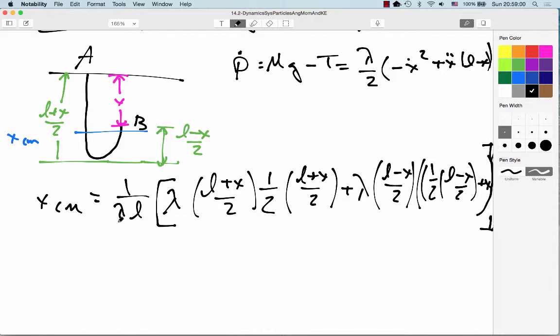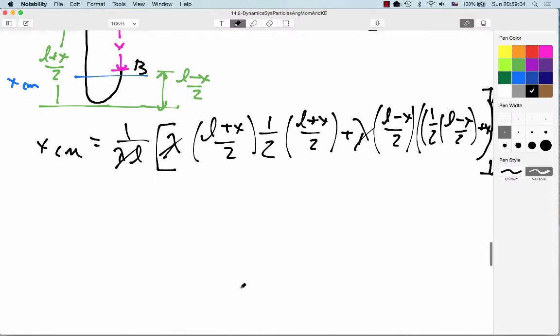All right. Lambdas cancel. Thank God for small favors. I can pull a 1/2 out of everything. Actually, I can do a lot more than that. I can pull out 1/2, 1/2, 1/2, as long as I go ahead and multiply that by some stuff. So we'll get 1 over 8L, then this will give me an (L plus x) squared.